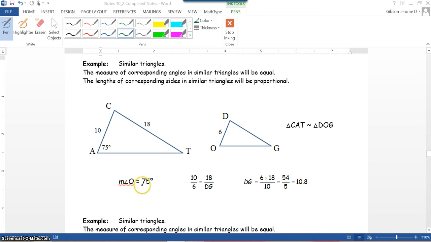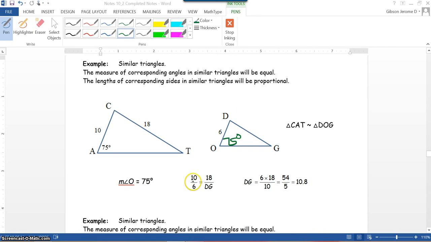We have the measure of angle O is equal to 75 degrees. As you all see, this is a little off, but the measure of angle A and angle O will have the same exact degree measure. So the measure of angle O is 75 degrees and the measure of angle A is 75 degrees.